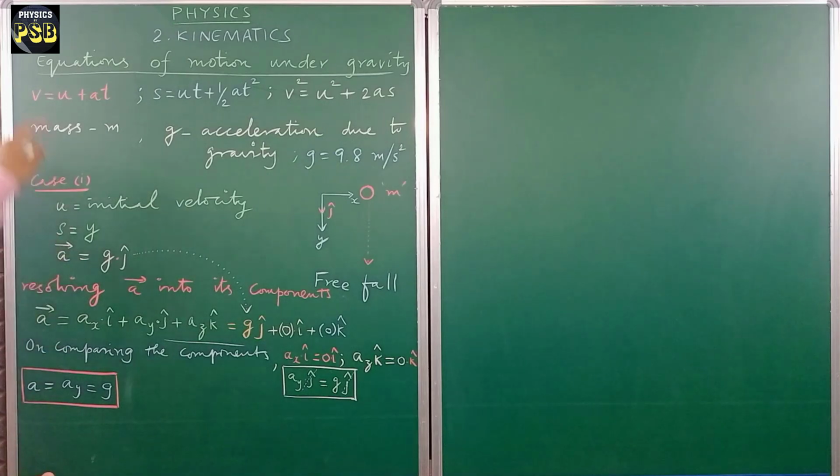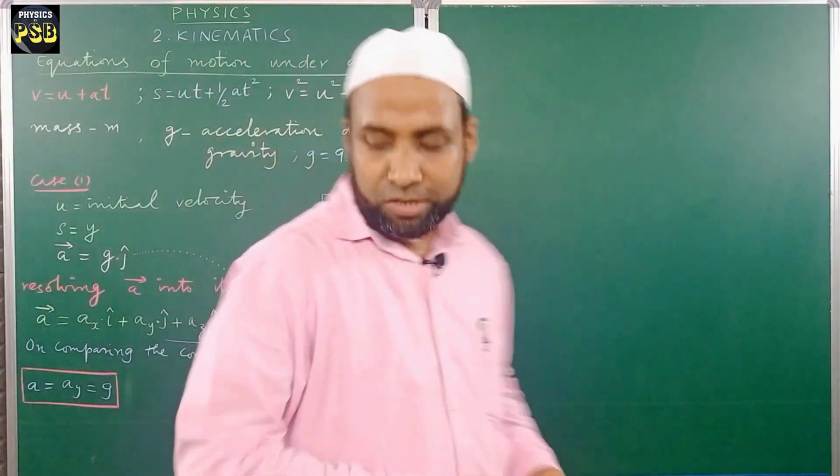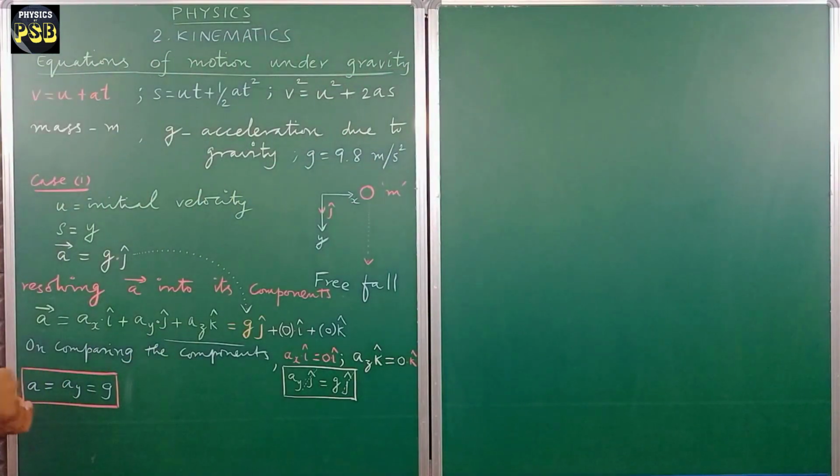Then I am going to substitute in these three equations to get the kinematic equations of motion for an object moving under gravity. Okay, let's do it. I will use these things here. Okay, substituting the value of a in the above equation, what I'll get first.